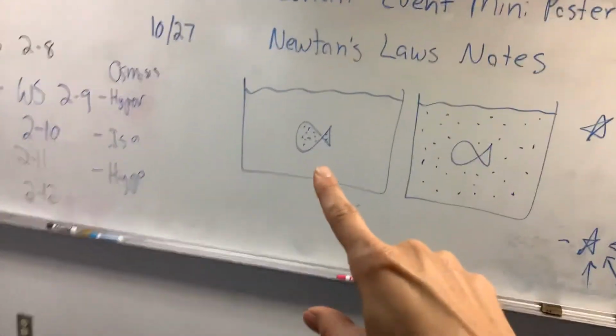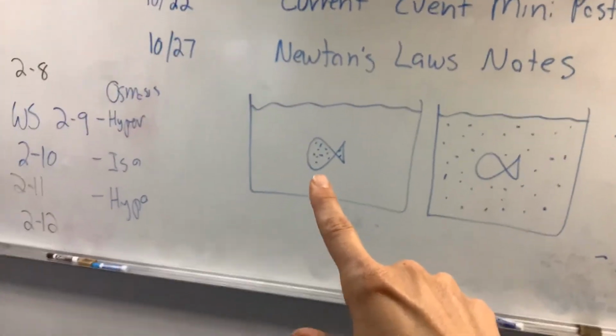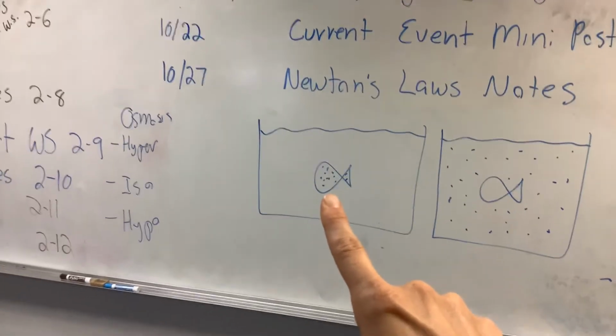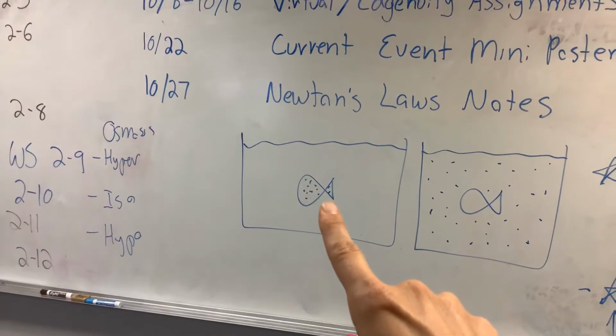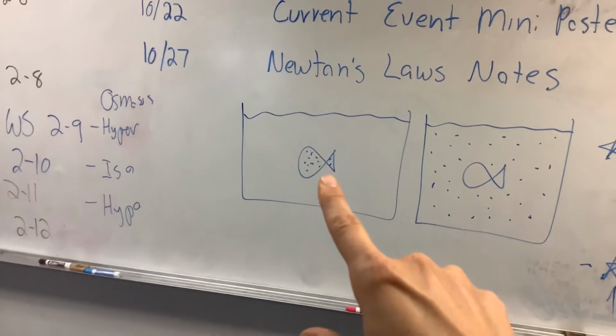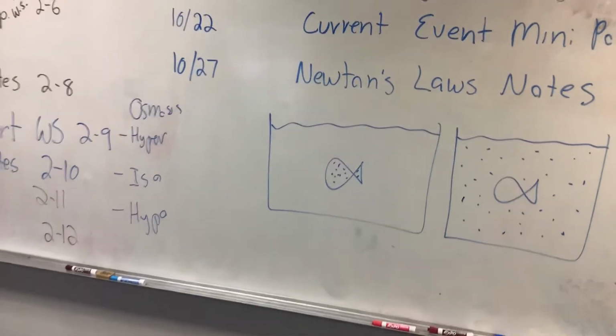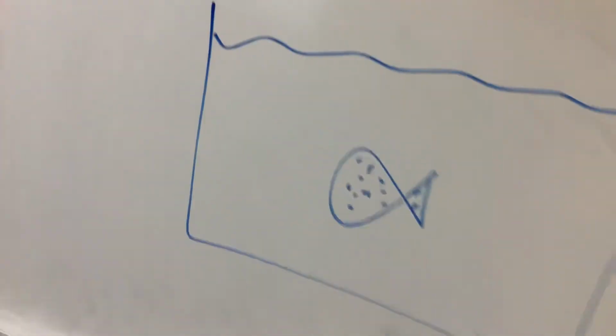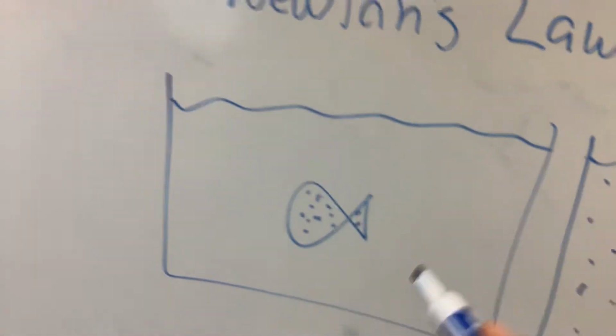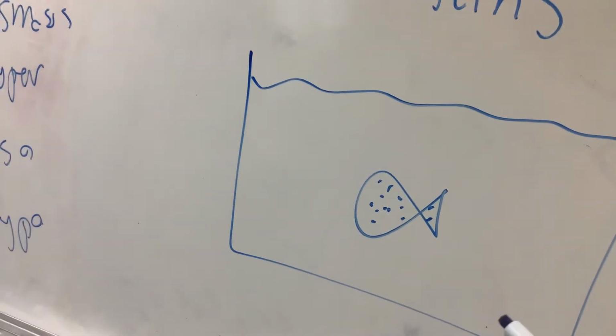I bought a fish from the pet store. I was so excited. I didn't even read about the fish. I didn't read the directions, and it was a saltwater fish. Well, I go home and put it in my fresh water straight from my sink. What's going to happen? According to the laws of osmosis, first we put a star where the more particles are. Where would I put the star?